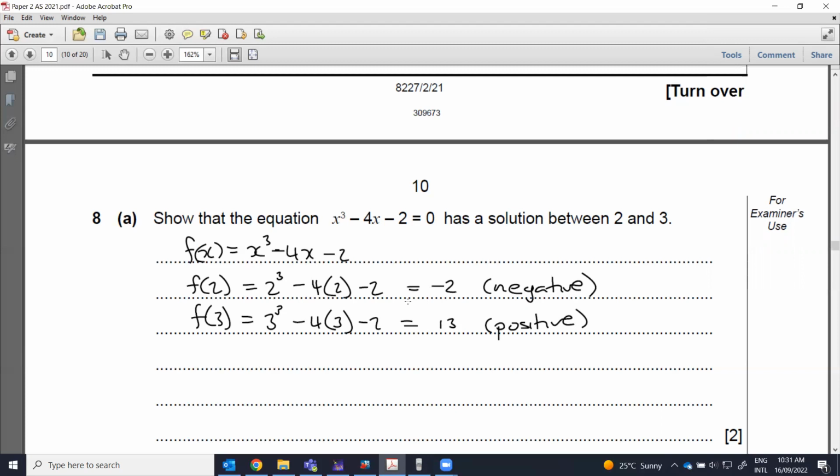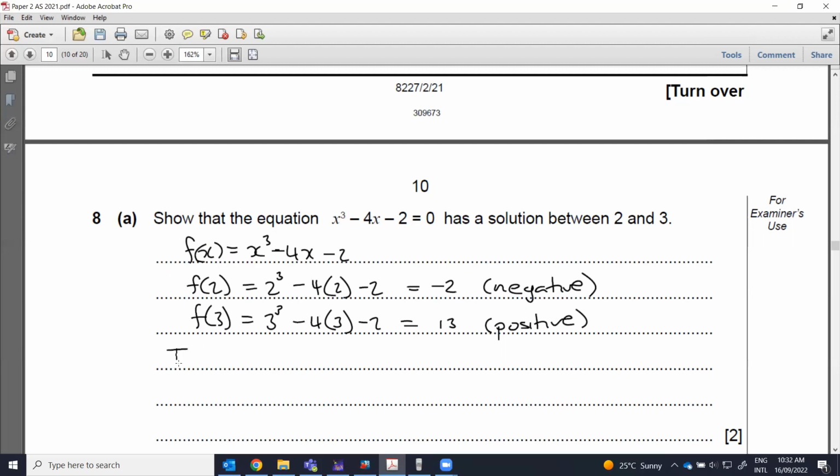So when I substitute 2 into the function, I get a negative value, and when I substitute 3 into the function, I get a positive value. So here I get a negative, over there I get a positive. That tells you somewhere between 2 and 3, I must get a 0, because the function doesn't just jump from negative to positive. Some number between 2 and 3 must give me a 0.